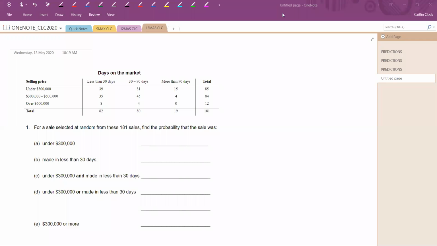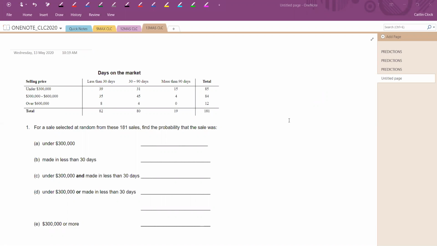Okay, so what we've got here is we just want to use this probability table to answer these questions. This shows the Auckland housing market, right? So you've got how many days the houses have been on the market, and then the selling prices of those houses.